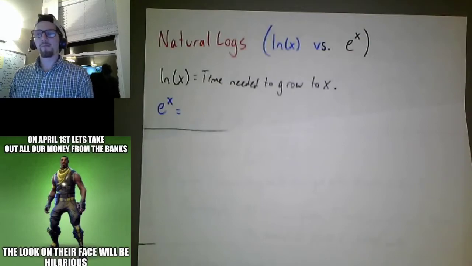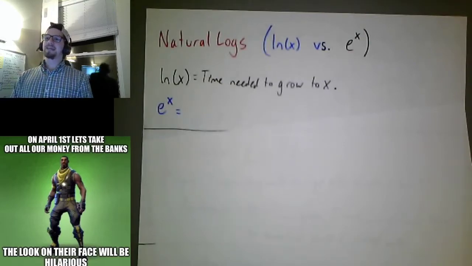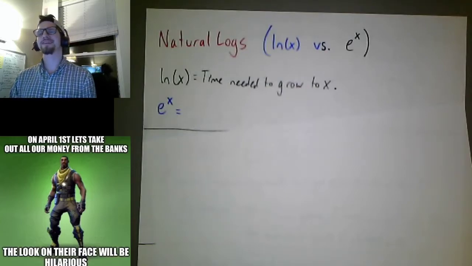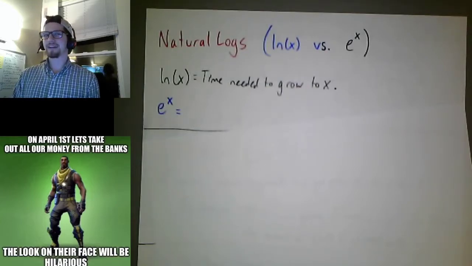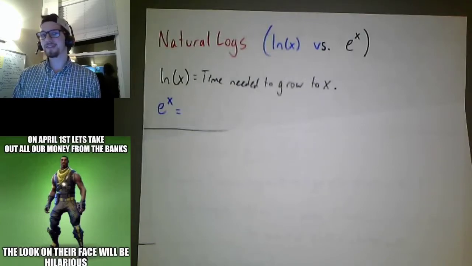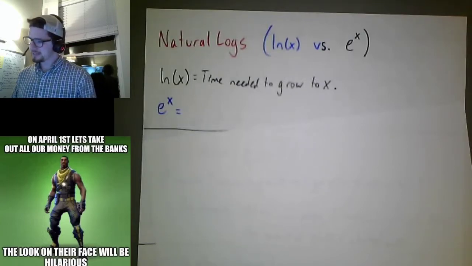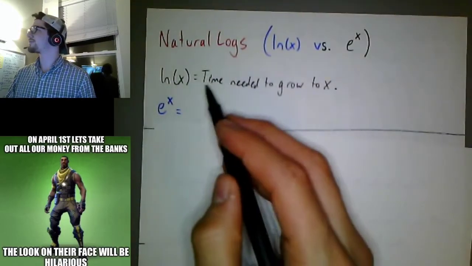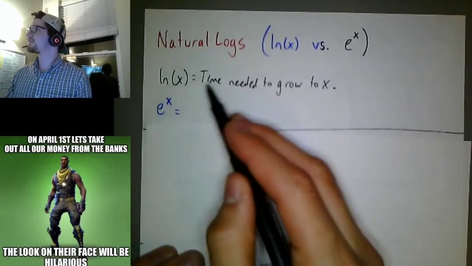So let me give you an example. Let's say I put $100 in the bank, and I want to say, how long is it going to take for that $100 to turn into $110? A natural log is how you find that. How much time you need to grow to a certain number, and that's what this number is. So this solves for time.